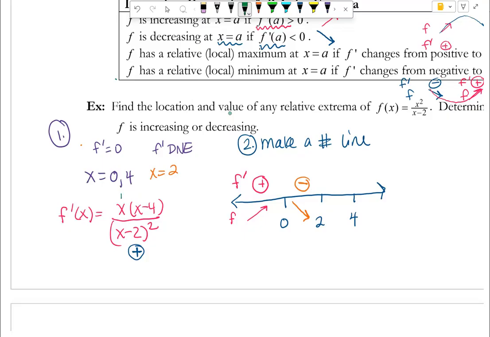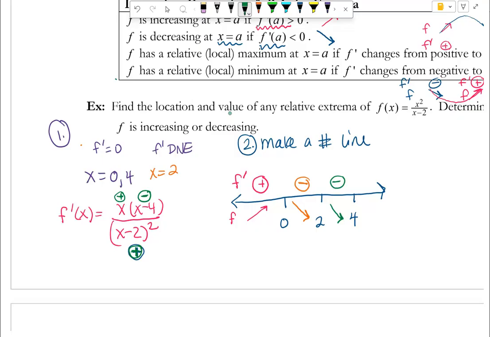Well, if I plug that in, x is positive. 3 minus 4 is negative. And we said our denominator is always going to be positive because we are squaring it. So in our numerator, we're multiplying a positive number and a negative number to get a negative number and dividing that by a positive number. So f prime is still negative on this interval, so f is still decreasing on this interval.